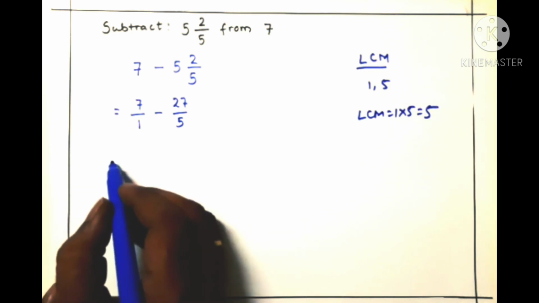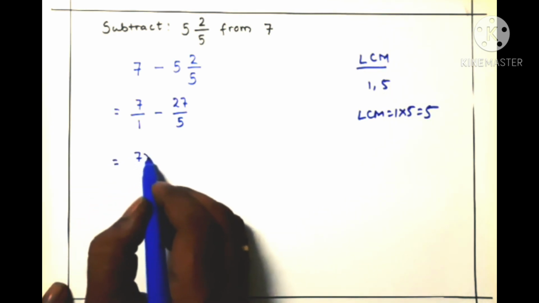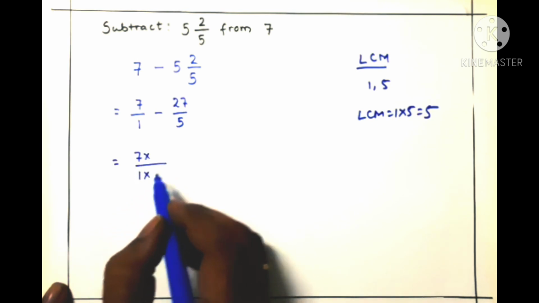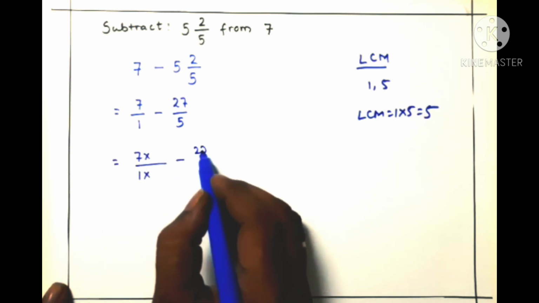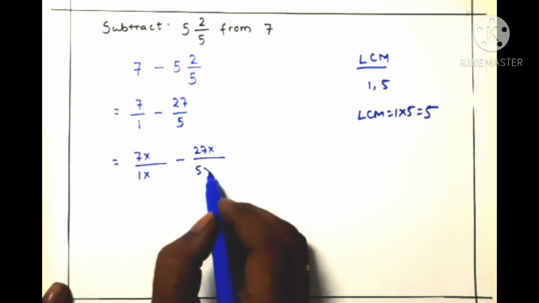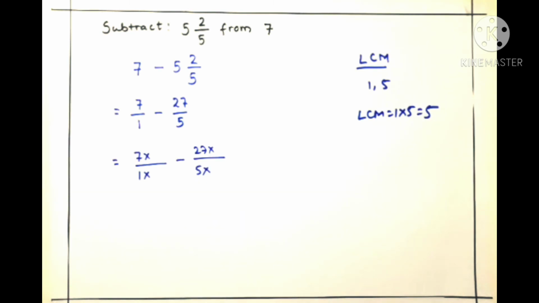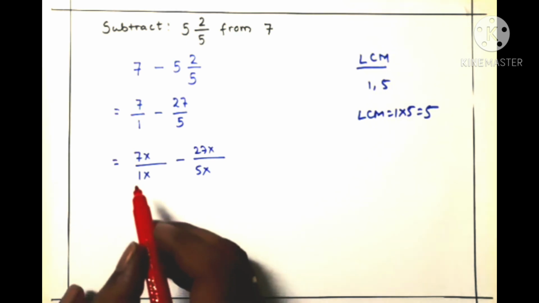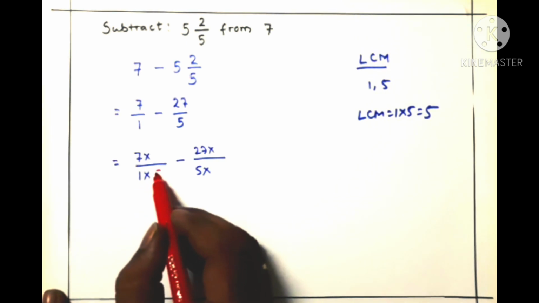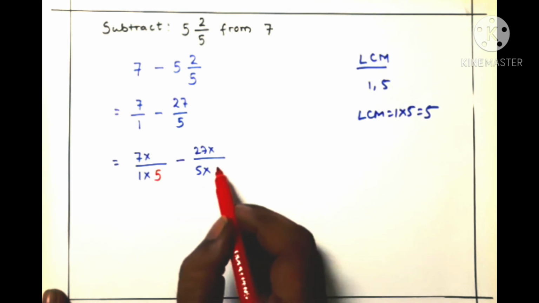So let's make it ready for the equivalents: 7 into blank over 1 into blank, minus 27 over 5 into blank. So first you have to see what denominator we need. We need the denominator to be equal to the LCM, that is 5. So the first denominator is 1, and 1 5s are 5.